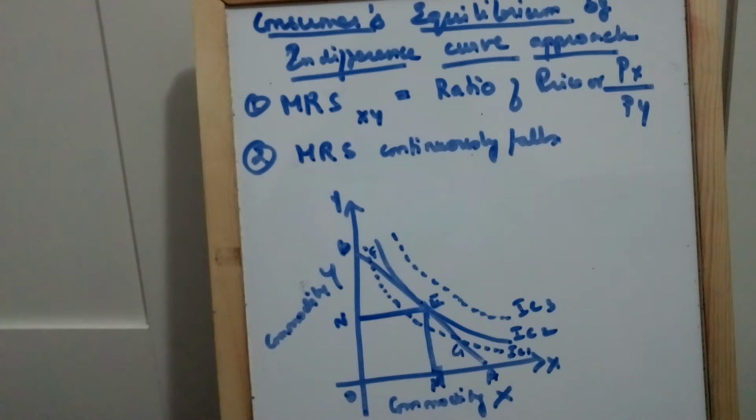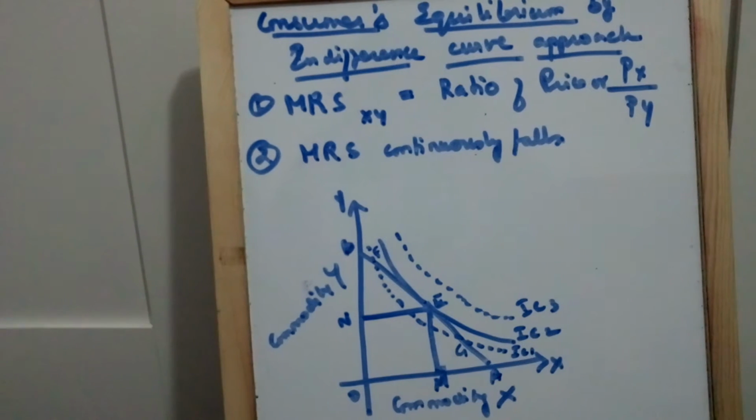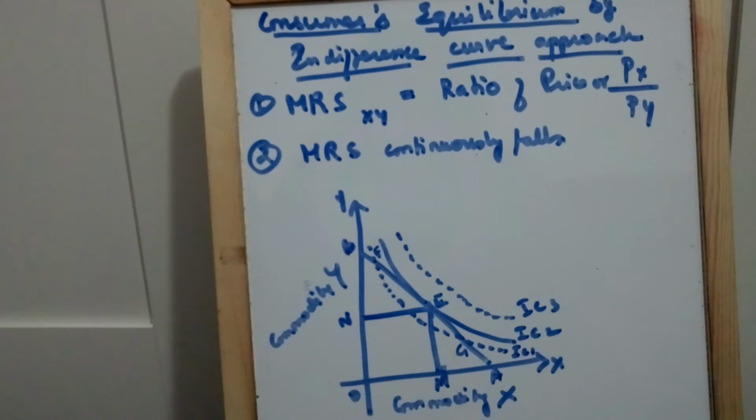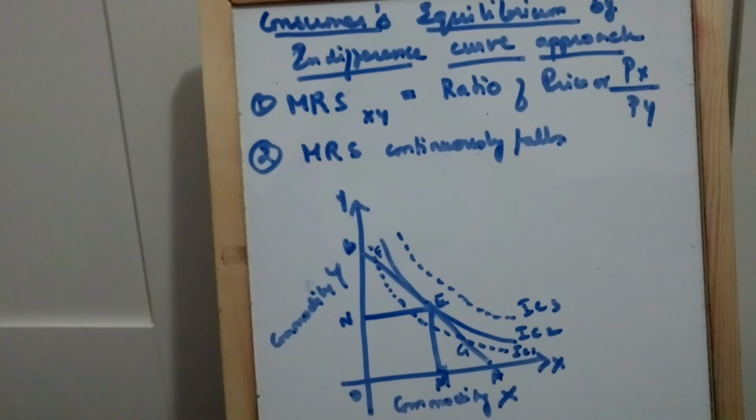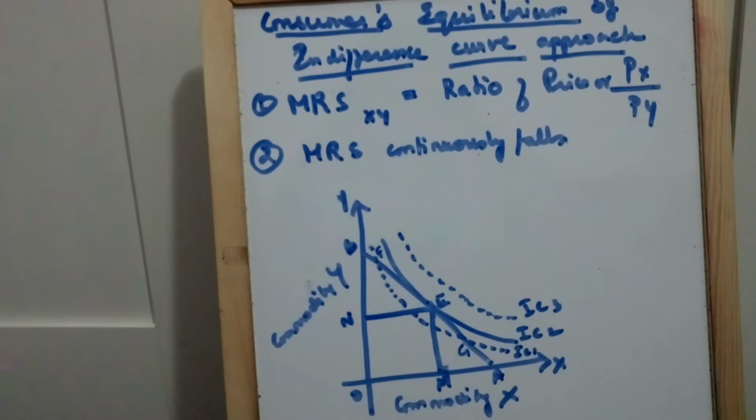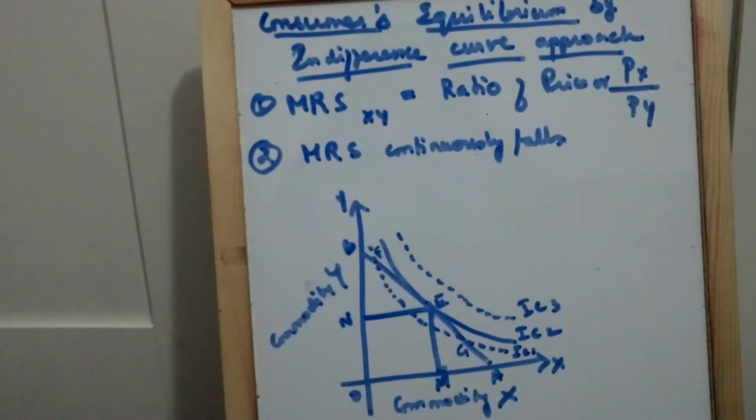The consumer always tries to remain at the highest possible indifference curve subject to his budget constraint. There are two conditions of consumer's equilibrium. Consumer's equilibrium under the indifference curve theory must meet two conditions.